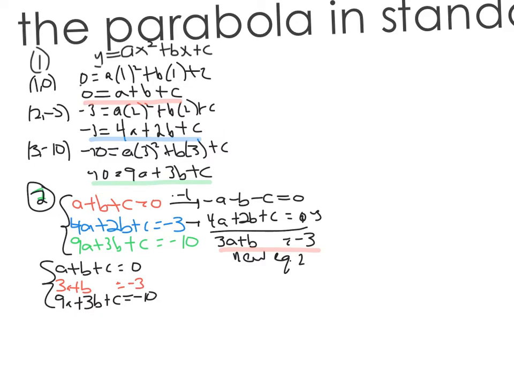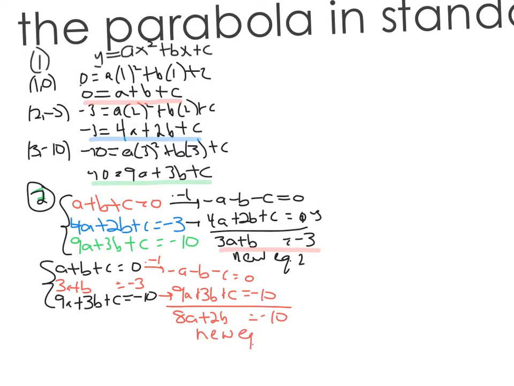And remember, I want the c's to cancel out. I still have to get rid of c through equation 3. So I'm going to multiply equation 1 by -1 again. Remember, the third equation is going to remain unchanged, so we just copy it. When we add the resulting equations together, we have 8a plus 2b equals -10. This is going to become our new equation 3.